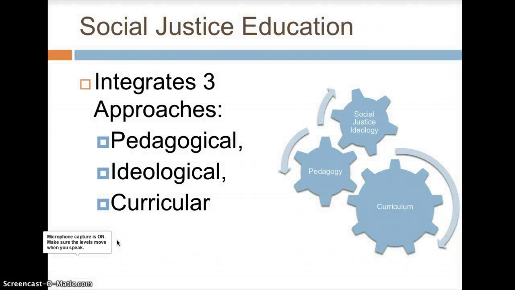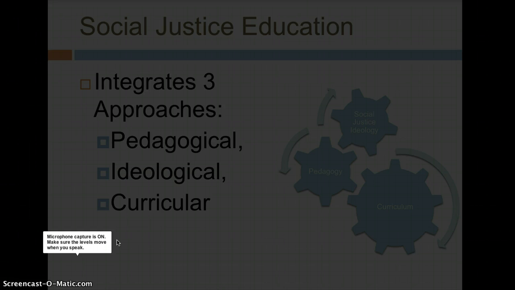Social justice education is more than just service projects and reading articles about global issues. According to Dover, teaching for social justice is an integrated, pedagogical, ideological, and curricular approach.